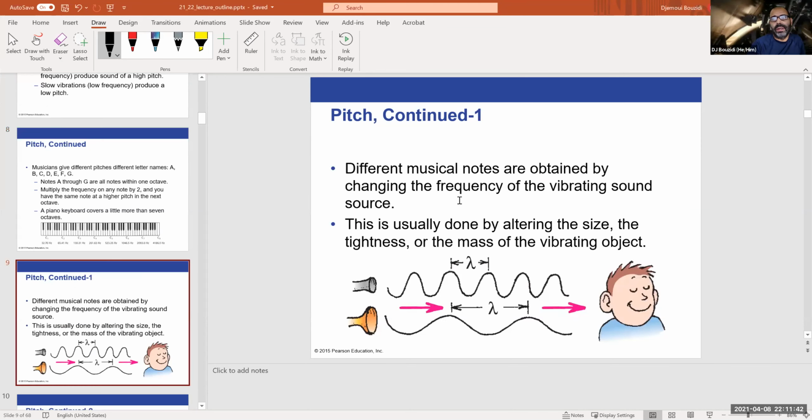So again, this is a high frequency, and again, it depends on the instrument itself that is producing it. A wide open one will produce a low frequency, long wavelength in this case. Sorry, long wavelength, low frequency; short wavelength, high frequency. So what I said before is correct.